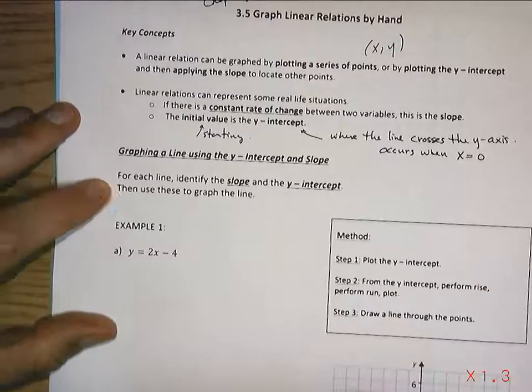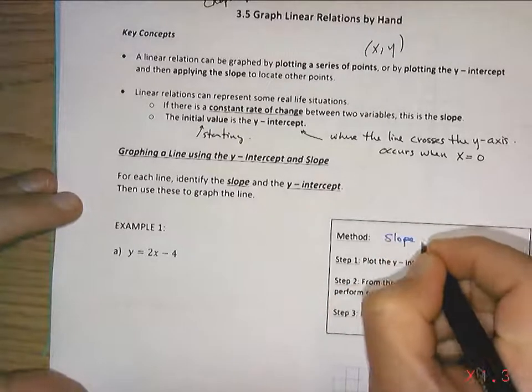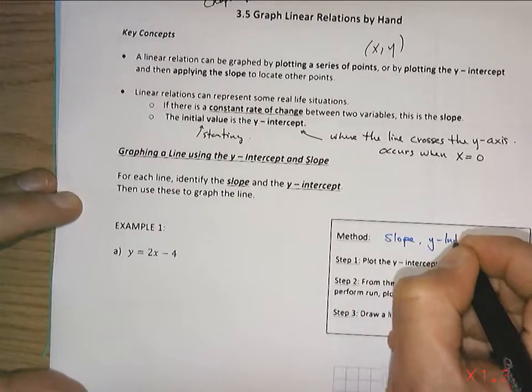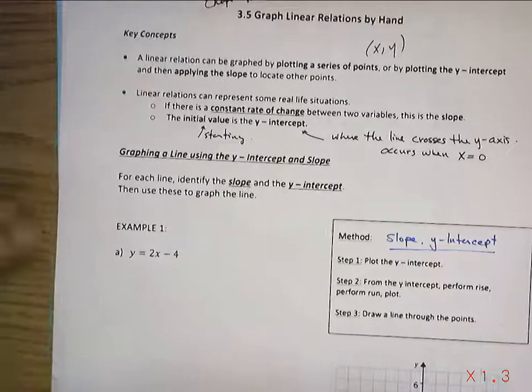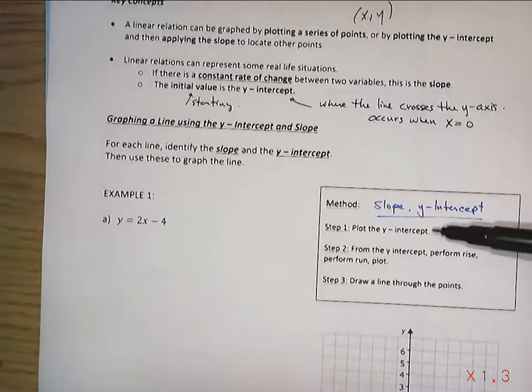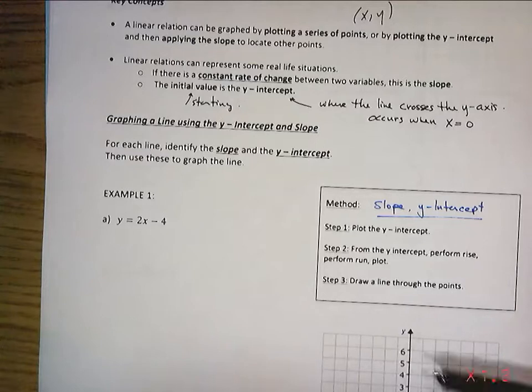What method is it? This is the slope y-intercept method. Okay, so that's a particular method, and it says step 1, plot the y-intercept. Step 2, from the y-intercept, perform the rise and the run. Plot the next point. Step 3, draw a line through them. And we're going to get there.